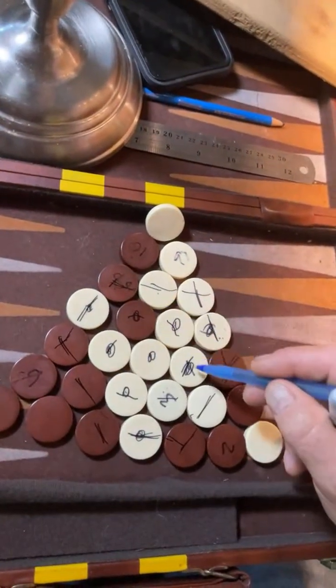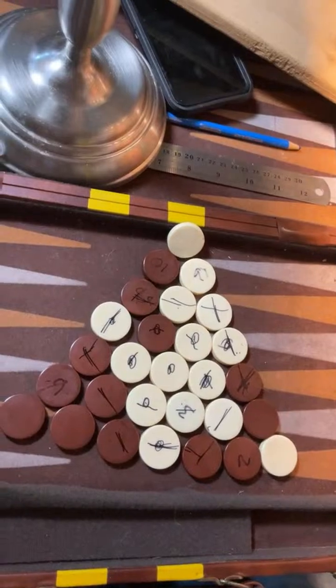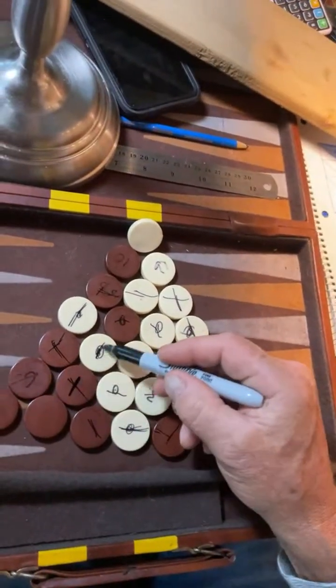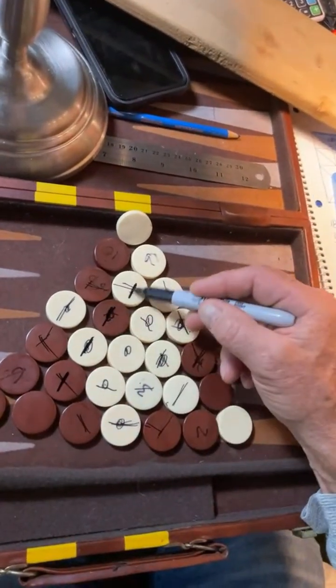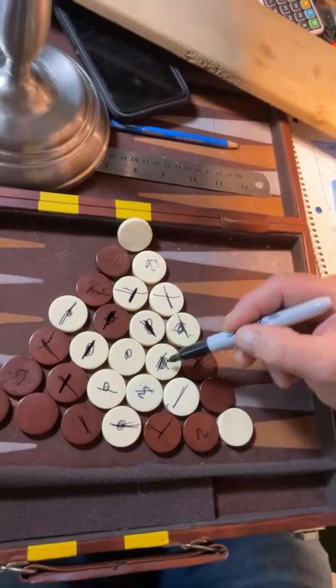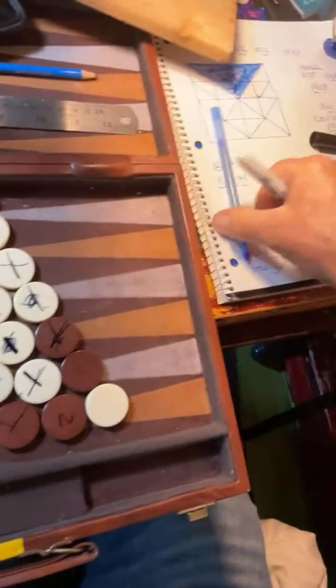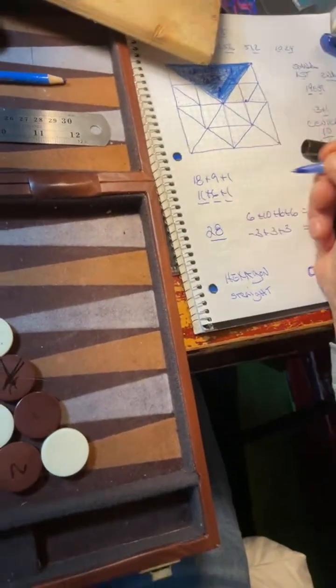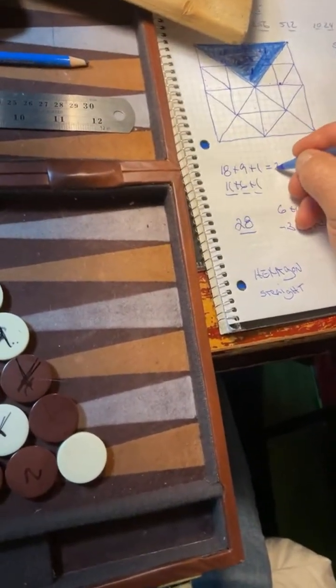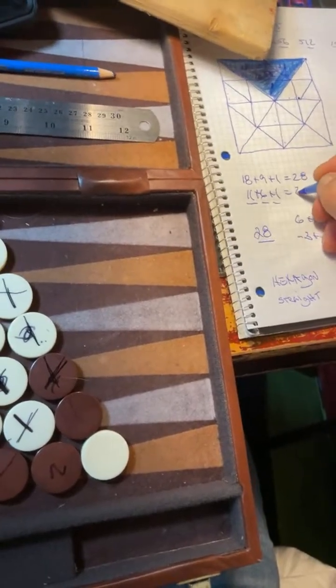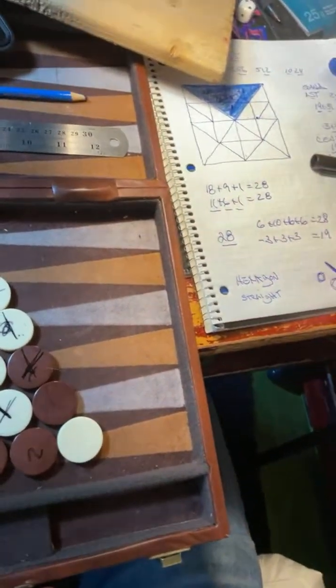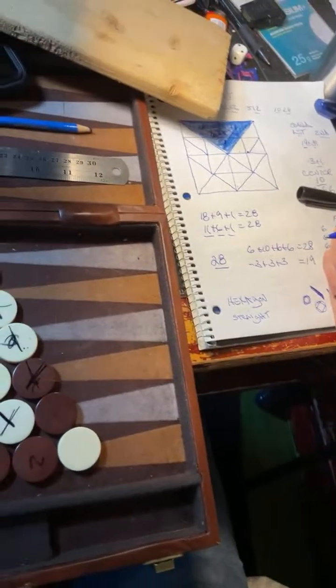So there would be, let me see, I did this, 3, 4, 5, 6, 7, 8, 9. And then there would be 1. So this would equal 28. And then this one would equal 28.